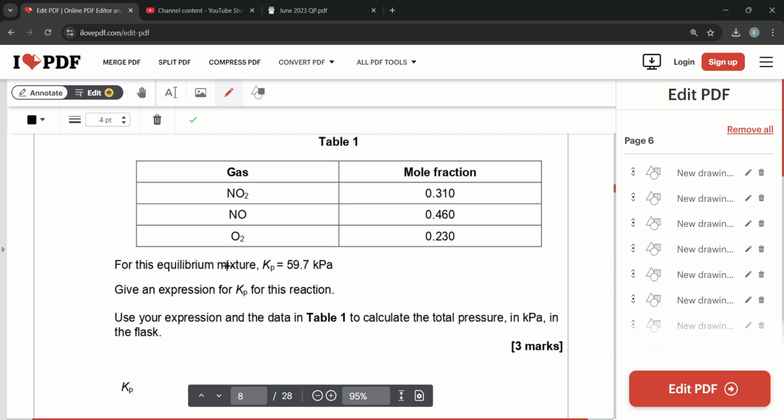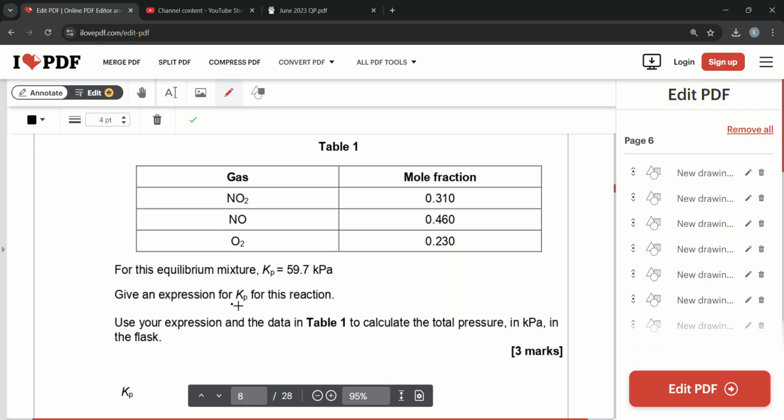For this equilibrium mixture, Kp is that. Give an expression for Kp. So let's do that because that should be pretty simple.